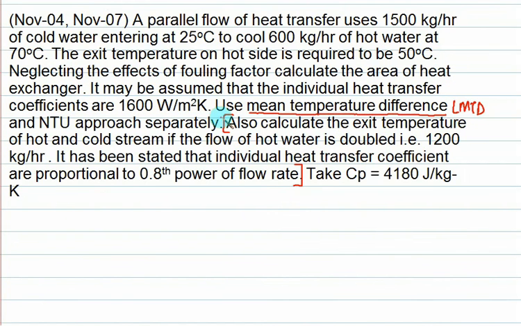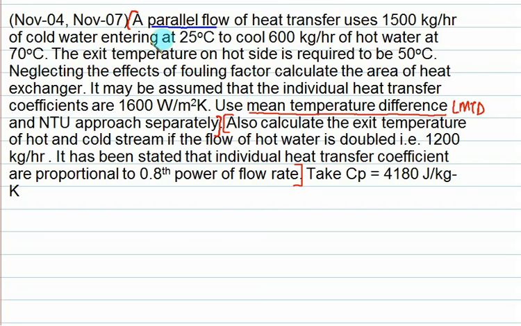In this problem, the mean temperature difference is LMTD and NTU. You have to solve this problem by both NTU and LMTD. What type of heat exchanger is it? Parallel. It uses 1500 kg per hour of cold water entering at 20, so this is m dot C, and cools 600 kg per hour of hot water at 70 degrees Celsius.